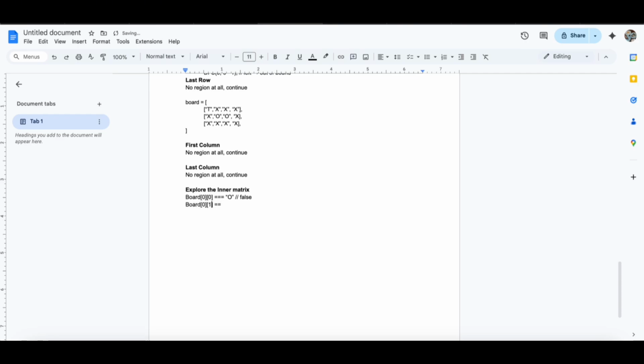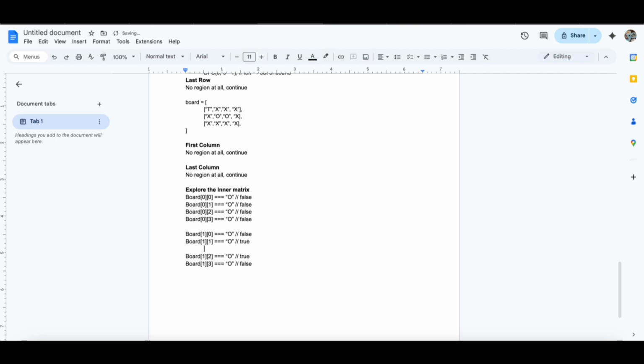This one is 1, false. Two, 3, false, false, false. Okay, the first row is done. Then we explore again. This one is 1, 1, 1, 1. On the 1, this one is true, right? This one is also true.